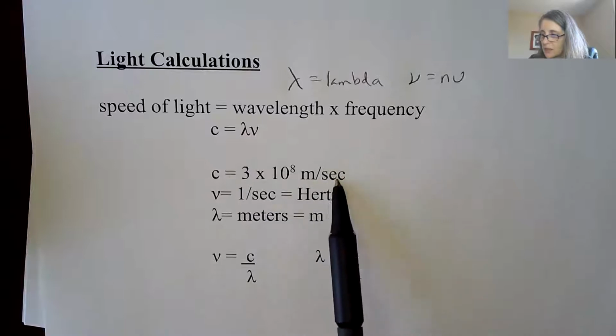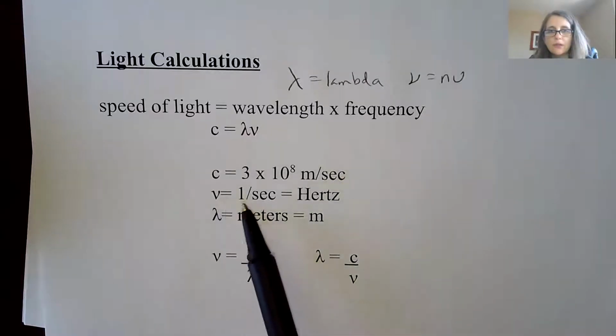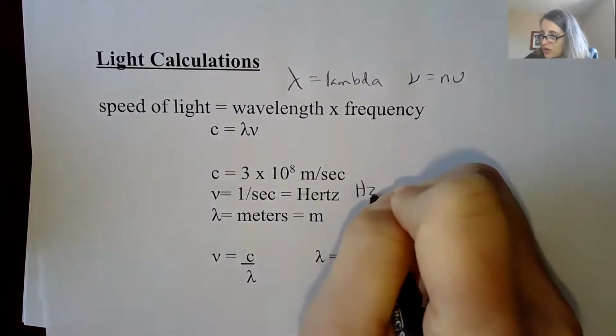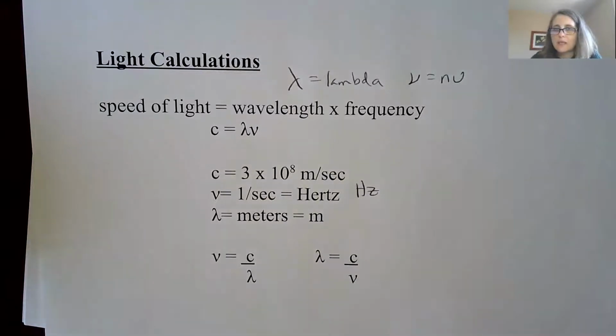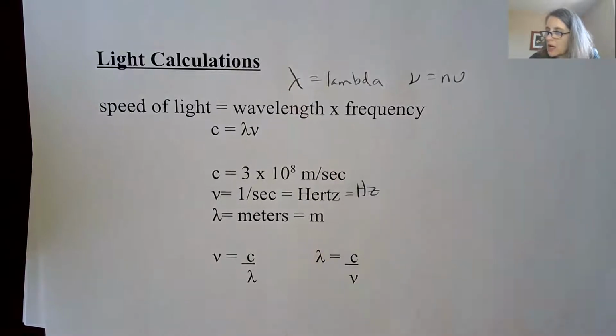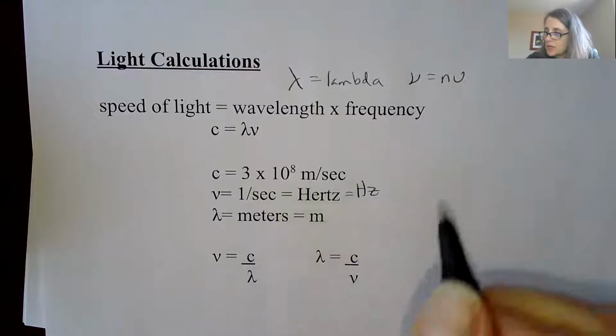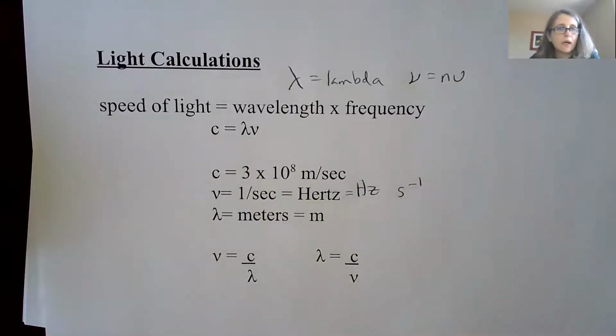Since that is meters per second, your nu is going to be the inverse of seconds, or something called a hertz. A capital H and then a lowercase z is how you abbreviate a hertz. It could be 1/s, and sometimes you see s⁻¹. That's going to be the unit of frequency.